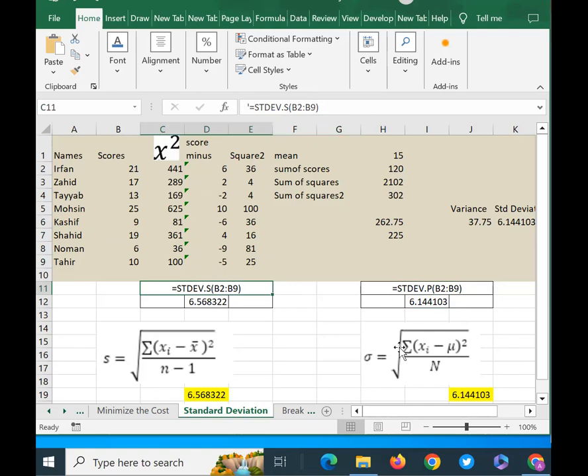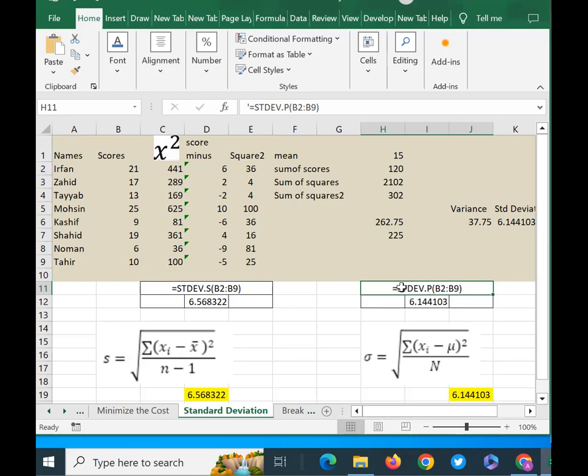The difference between the two functions is the -1 here: if you have 8 scores, it will be divided by 7 here. Whereas in the population formula, you divide the whole thing by 8, exactly the number of scores you have.